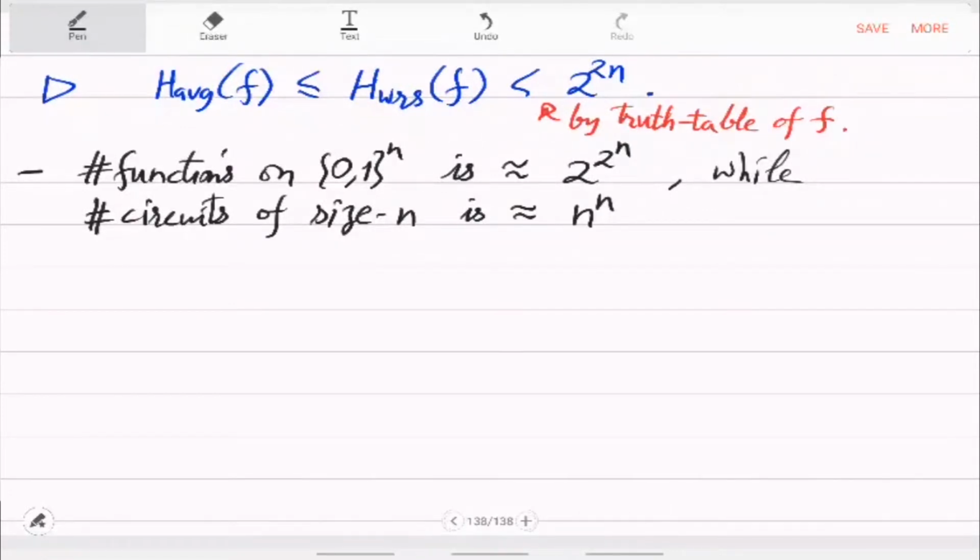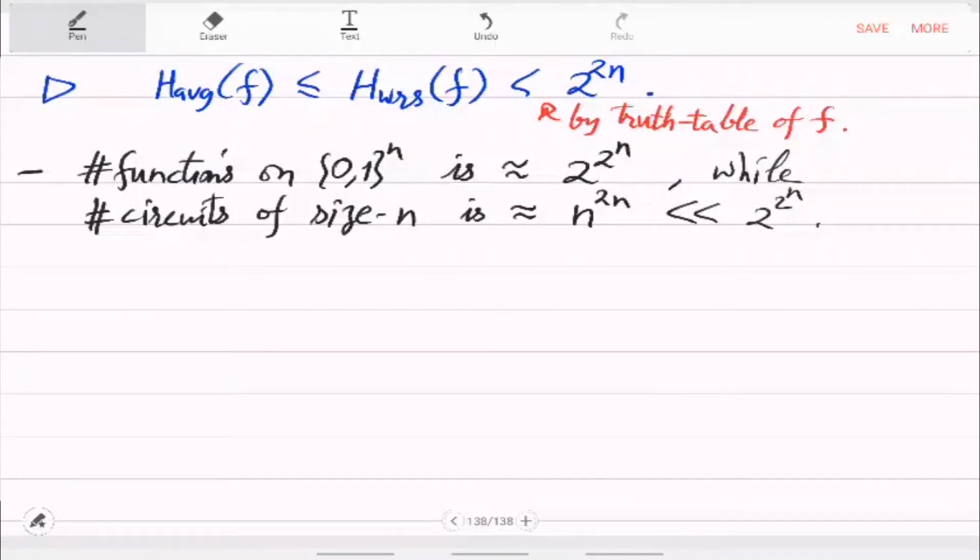You have n gates, each with fan-in n and fan-out also at most n. So the way you can arrange the gates is something like n to the 2n, which is much smaller than 2 raised to 2 raised to n.